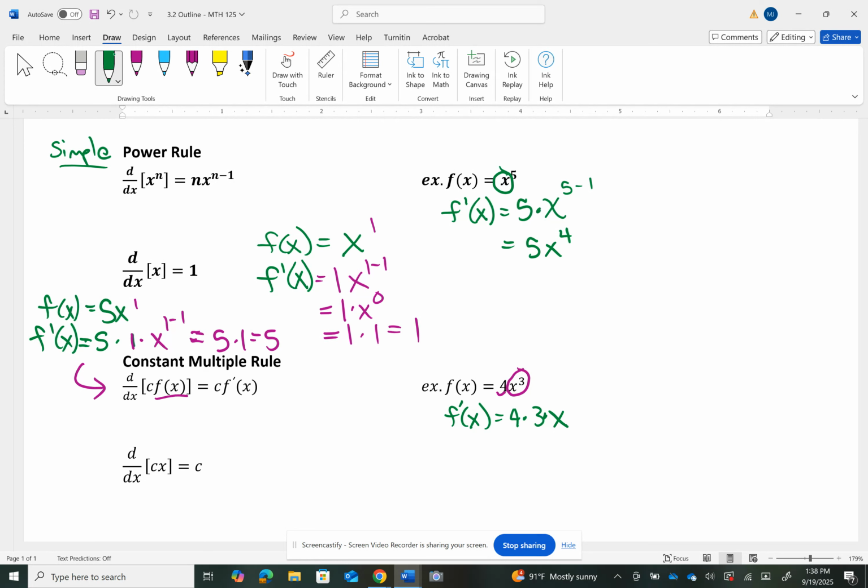Bring the exponent down, do 1 minus your exponent, go ahead and multiply those back and get a 12x to the second power.